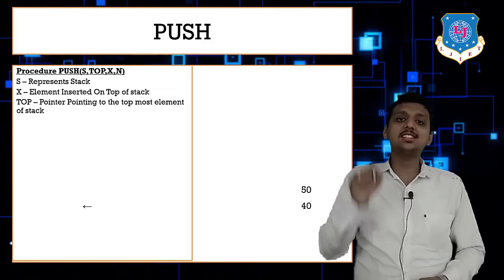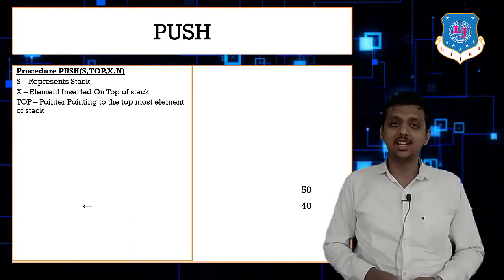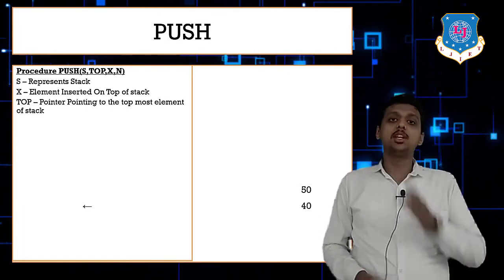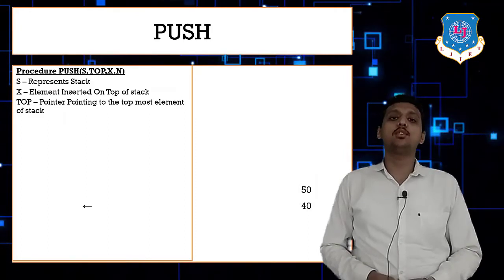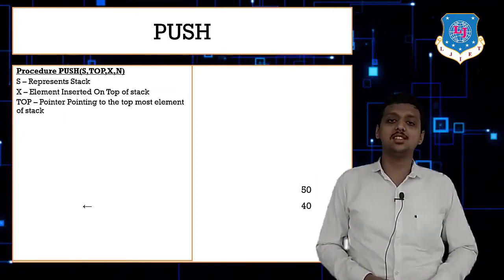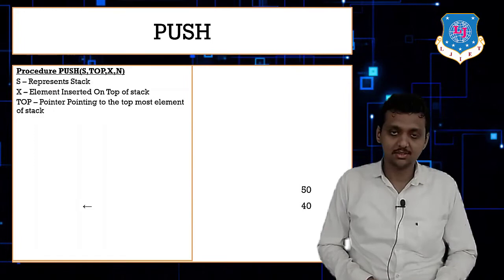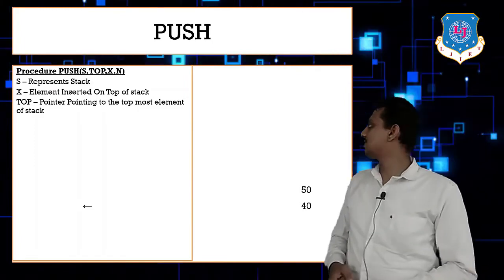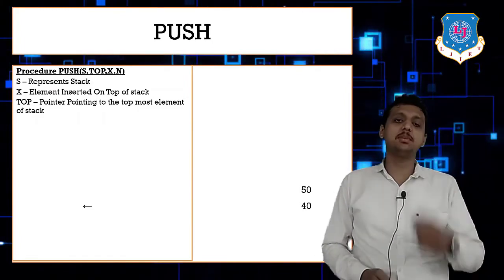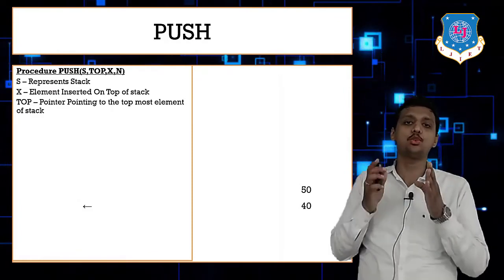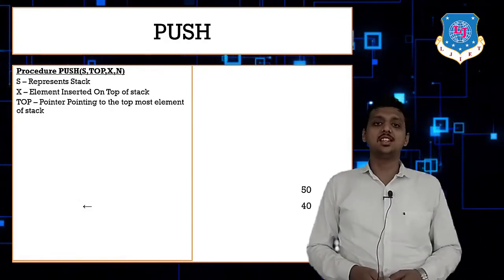X is the value that you want to insert inside the stack, and capital N represents the total number of elements, or we can say the size of the stack. So N is the total size of the stack, X is the element which we need to insert, top is the topmost pointer, and S is the stack.